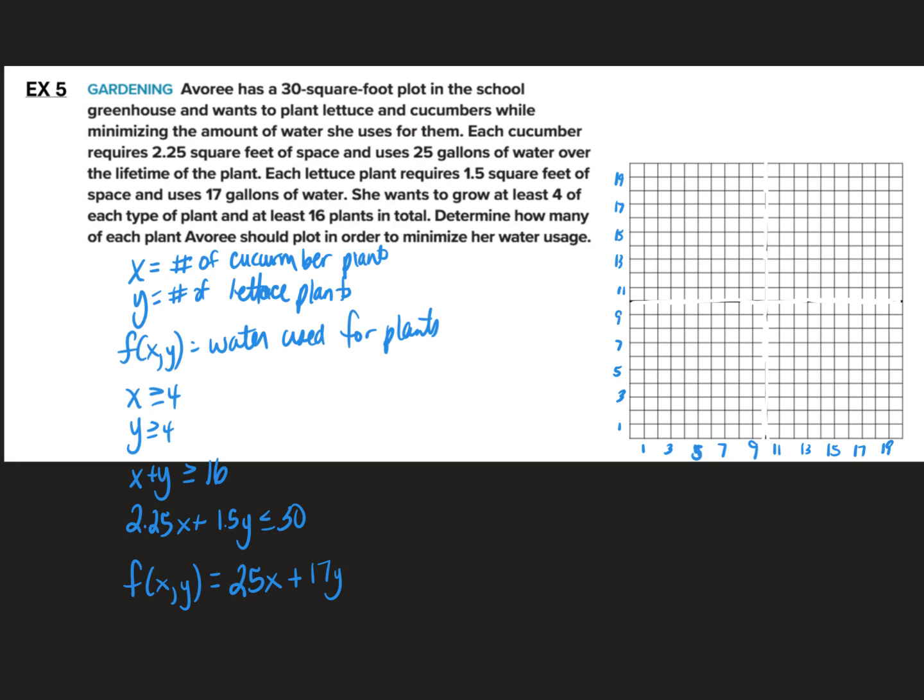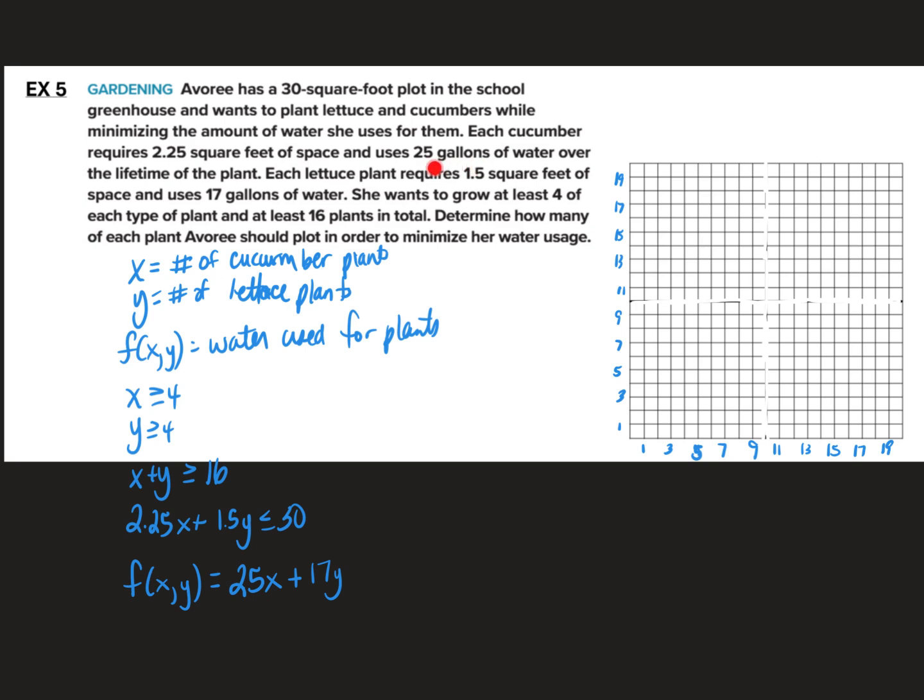It says that she wants to grow at least 4 of each type, so that's why X is greater than or equal to 4, Y is greater than or equal to 4. And she wants to grow at least 16 plants in total, so X plus Y greater than or equal to 16. So that's where all 4 of those came from. The function to be used is the amount of water that it takes for each of the plants.